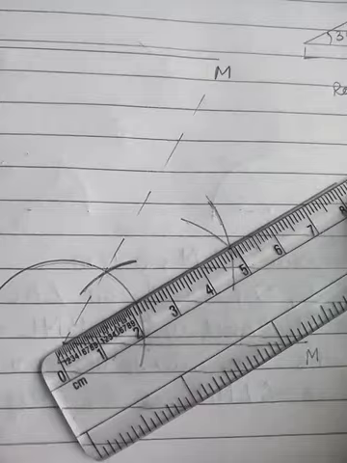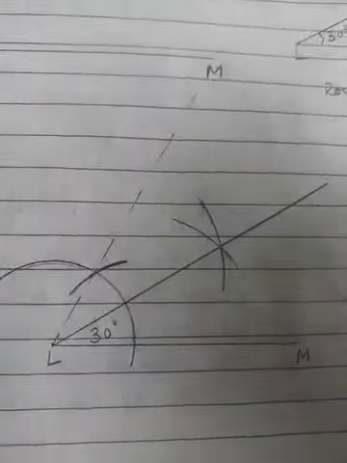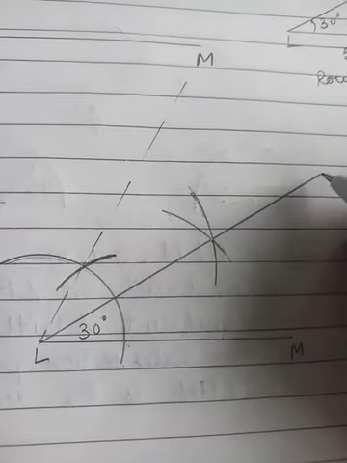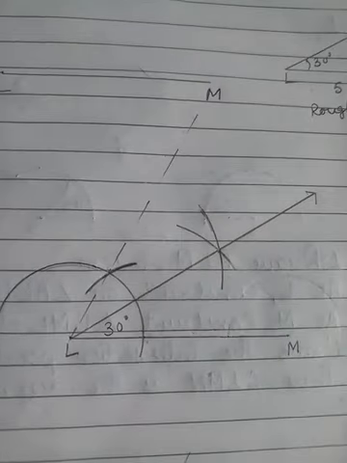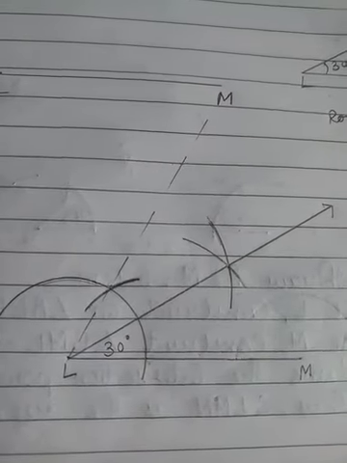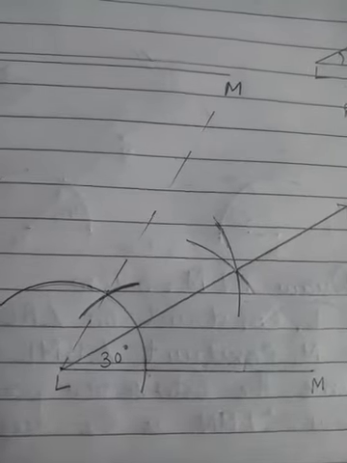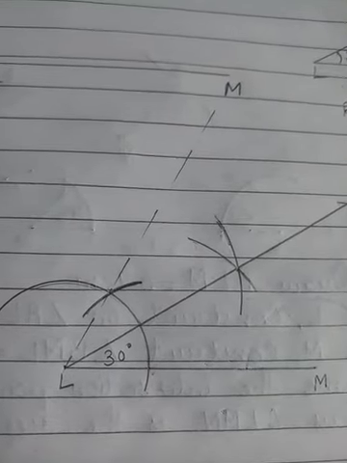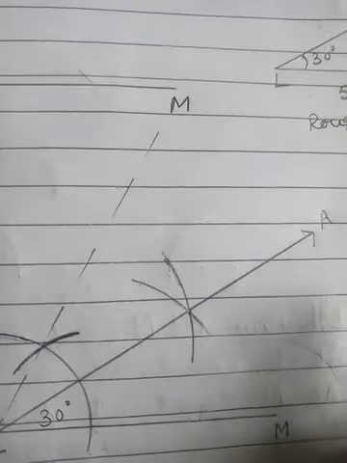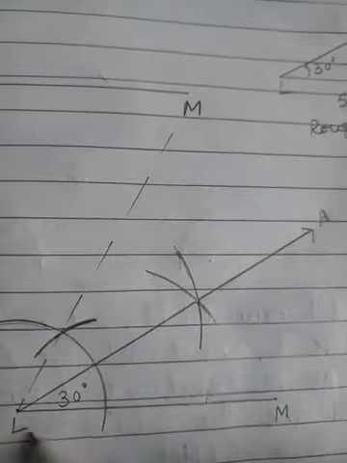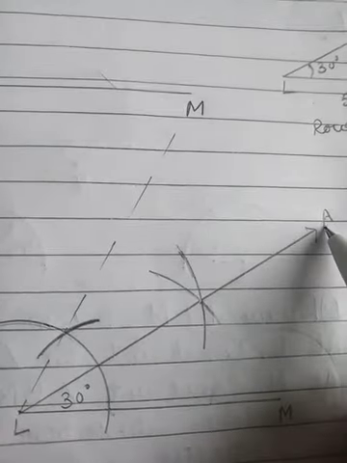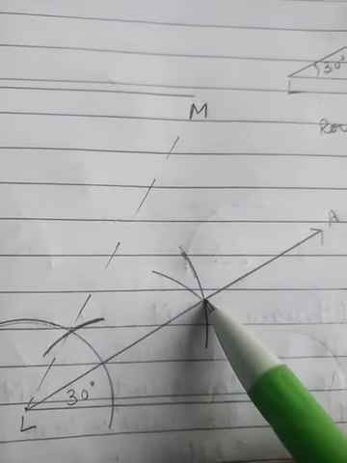I have drawn one straight line, and till the point where I made the line, I mark it and give it the name A. Clear? So the line segment we have drawn is LA, passing through the intersection point of the arcs.